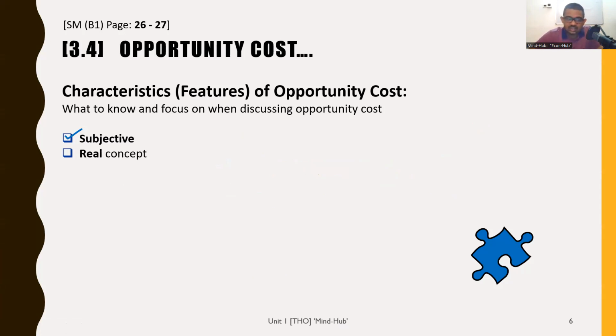Then we say opportunity cost is a real concept. Always remember, opportunity cost is not just looking at the money value of things, right? Now, if I ask you in the earlier example, I unfortunately erased it, we had 150 rupees.